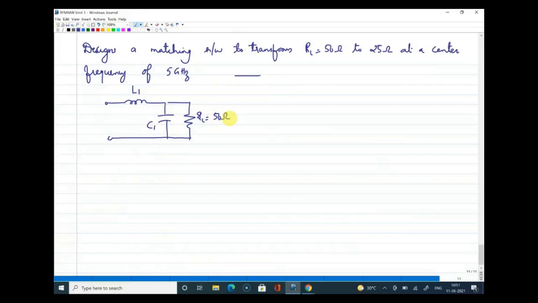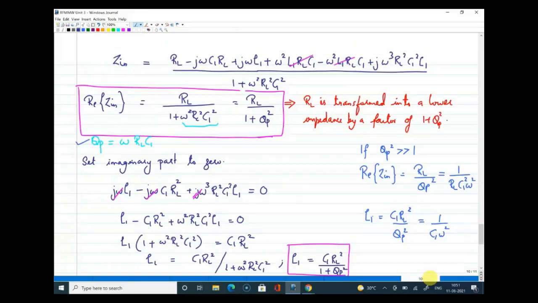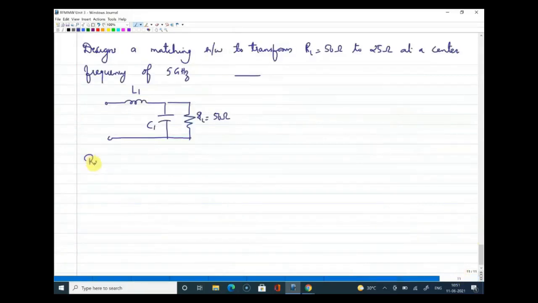So how will you go about this? We have the ready formula here, what we have discussed so far. The real part of impedance should be equal to this value, right? So I can directly write that the real part of the impedance should be equal to 1 by RL C1 square into omega square.